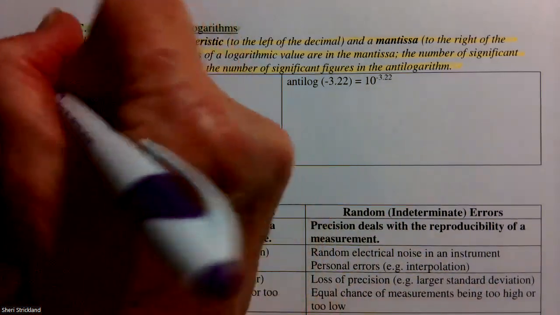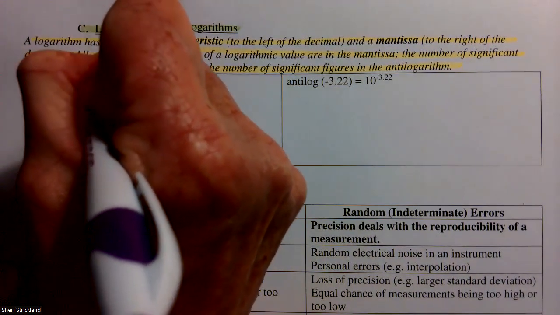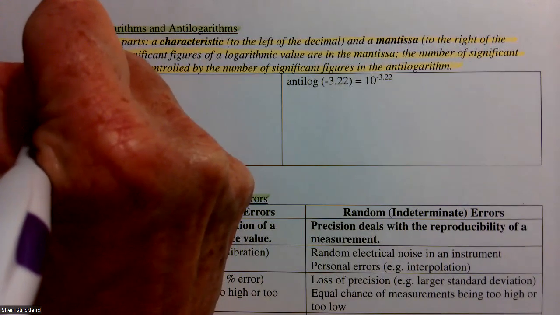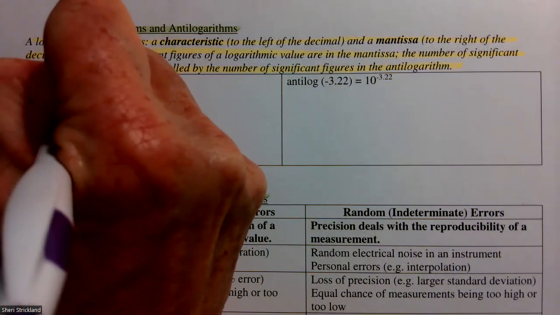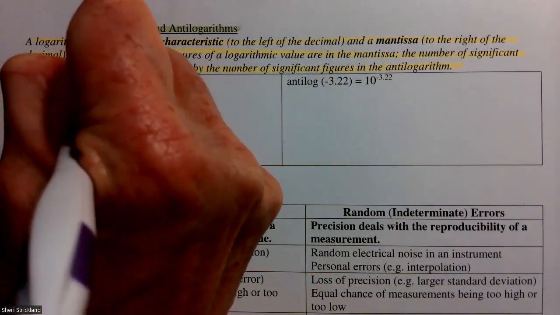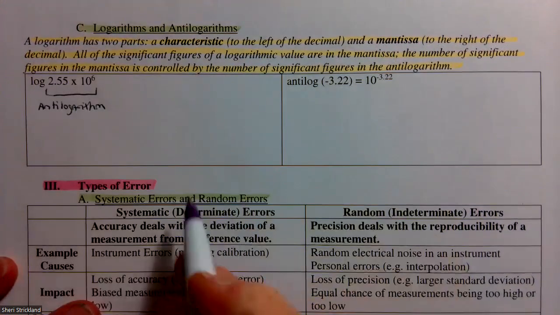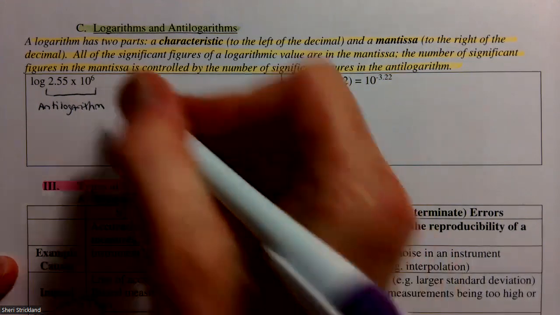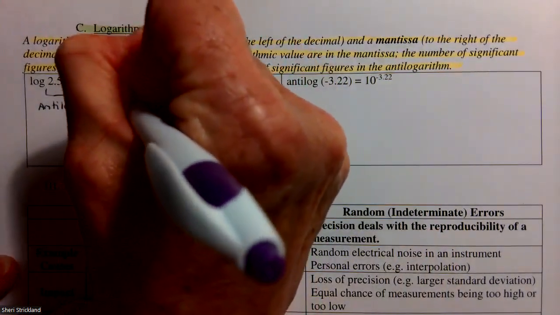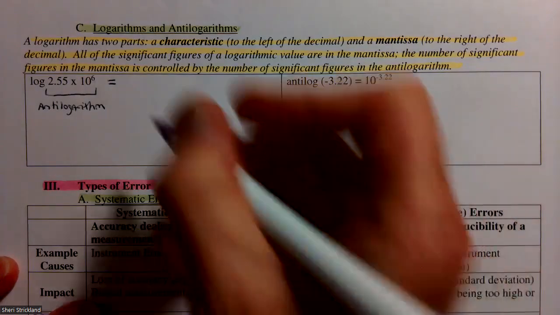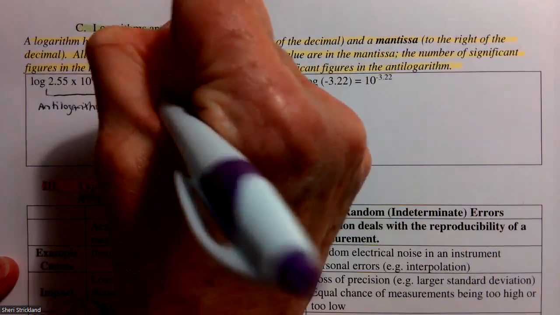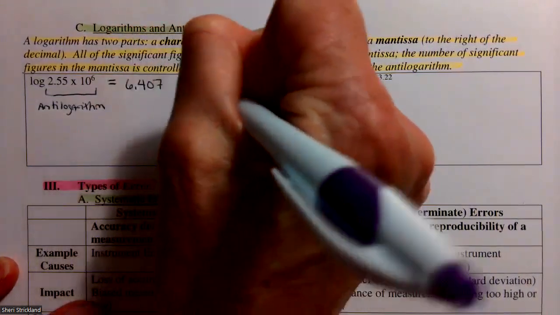So this value right here, a number that you want to take the logarithm of, this is an anti-logarithm. And you can see that there are three significant figures in this anti-logarithm. So if you pop it into your calculator, which I hope you will do, then you get 6.407 something, something, something.